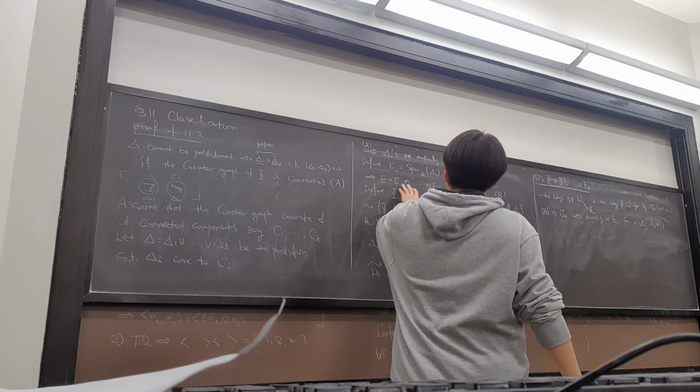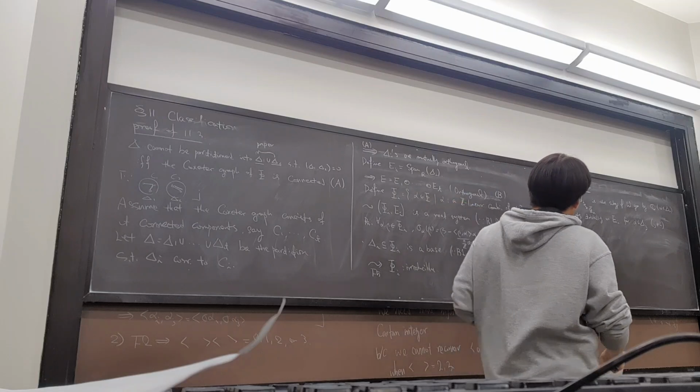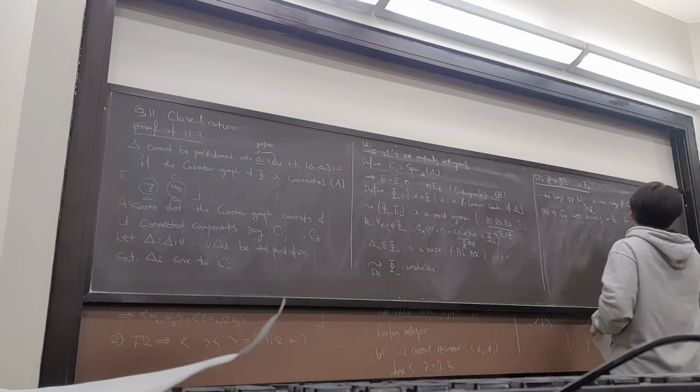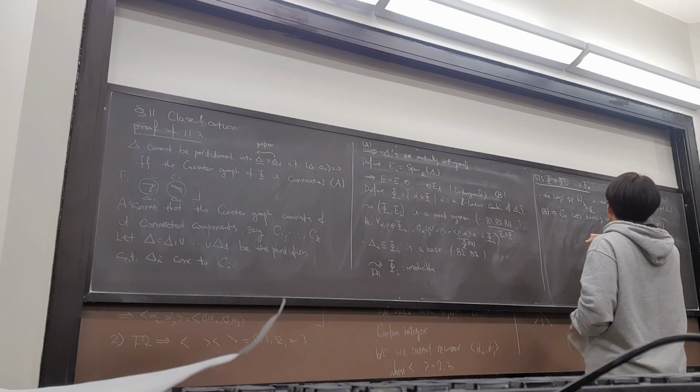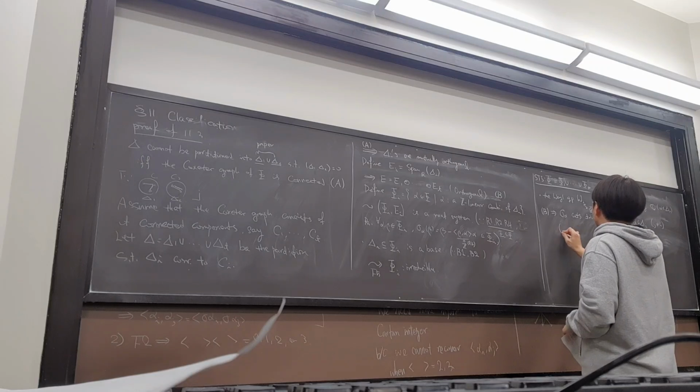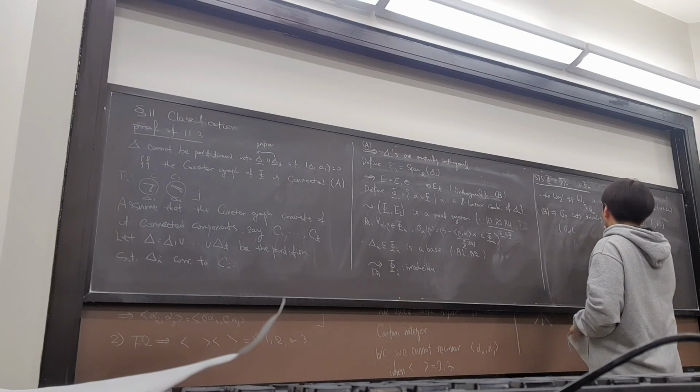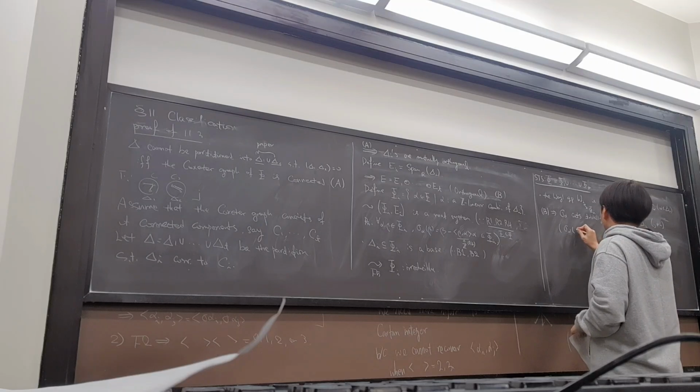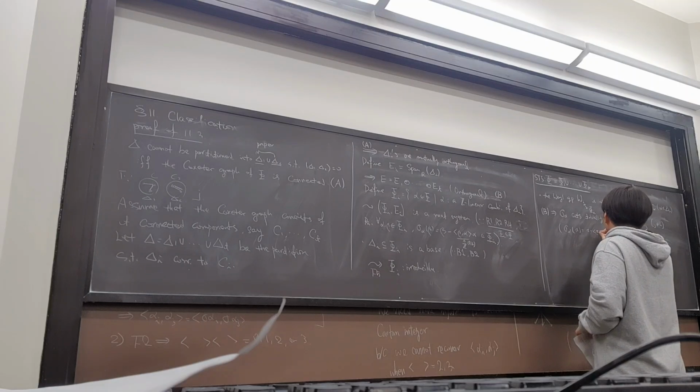Because they are orthogonal, so if we take sigma alpha and an element x of I, this is just x minus the x alpha, but this is 0.